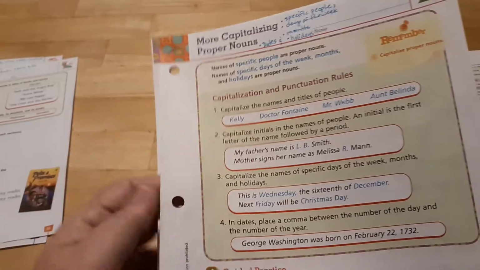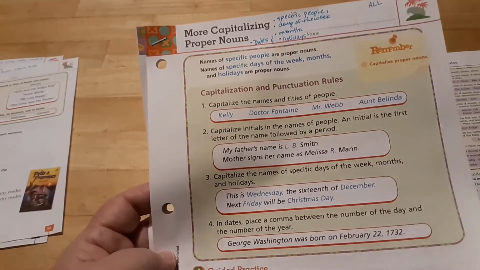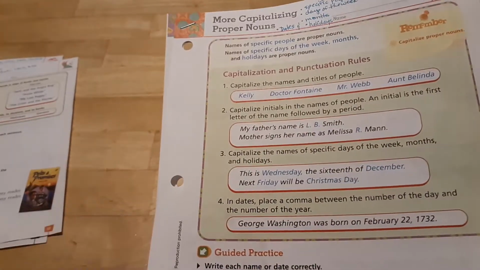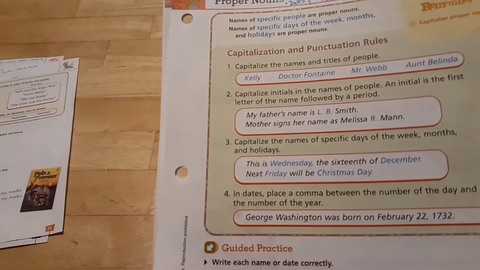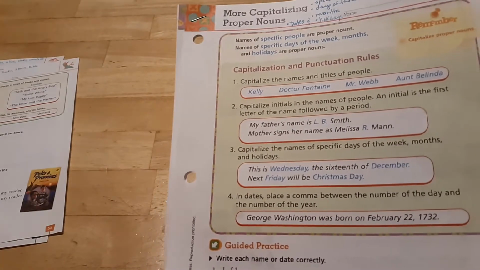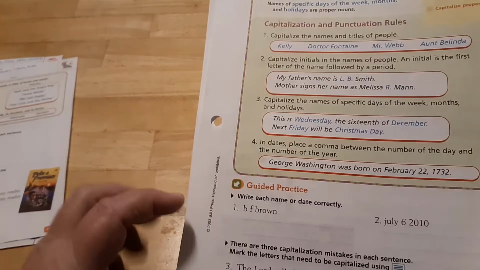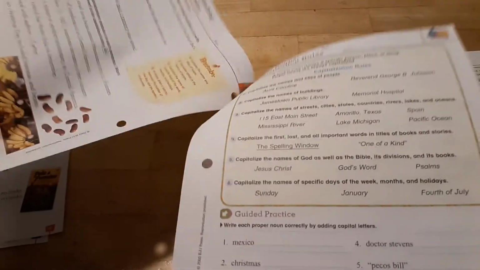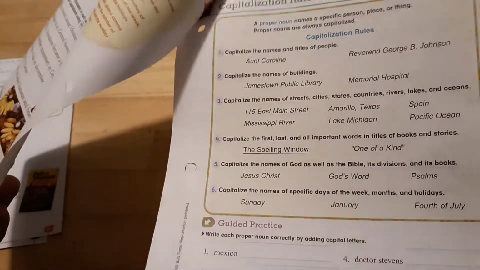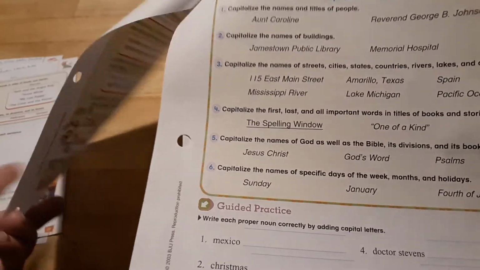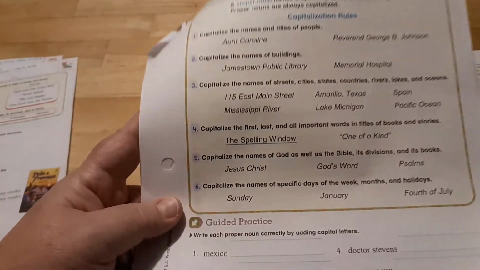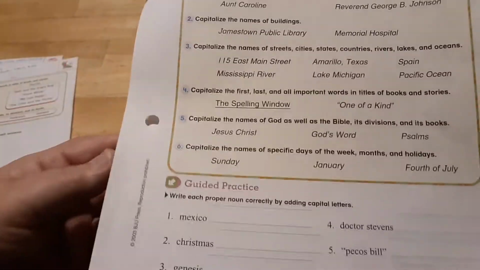Okay, more capitalizing proper nouns. This would be specific people like Dr. or Mr., Mrs. Days of the week, months, dates, and holidays. This is grade 2. Grade 3, all the same thing. Here's titles of people, names of buildings, street, city, states, countries, rivers, lakes, and oceans.